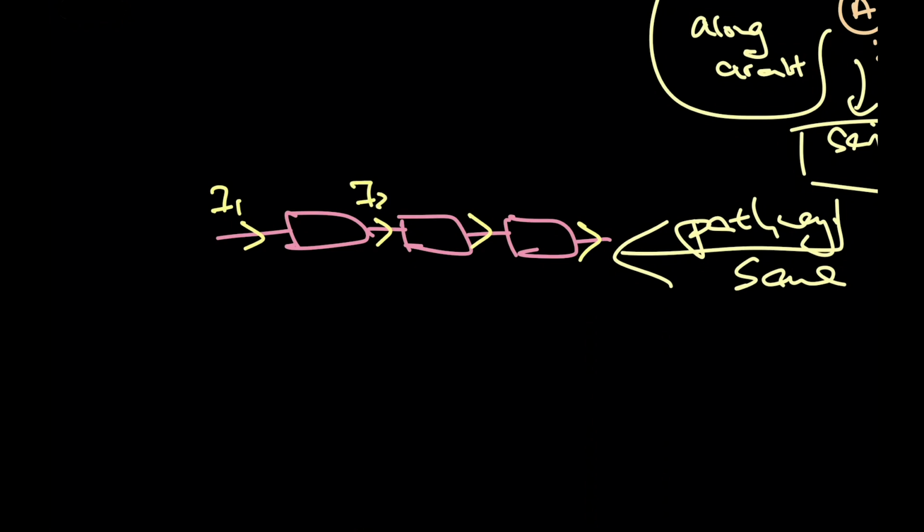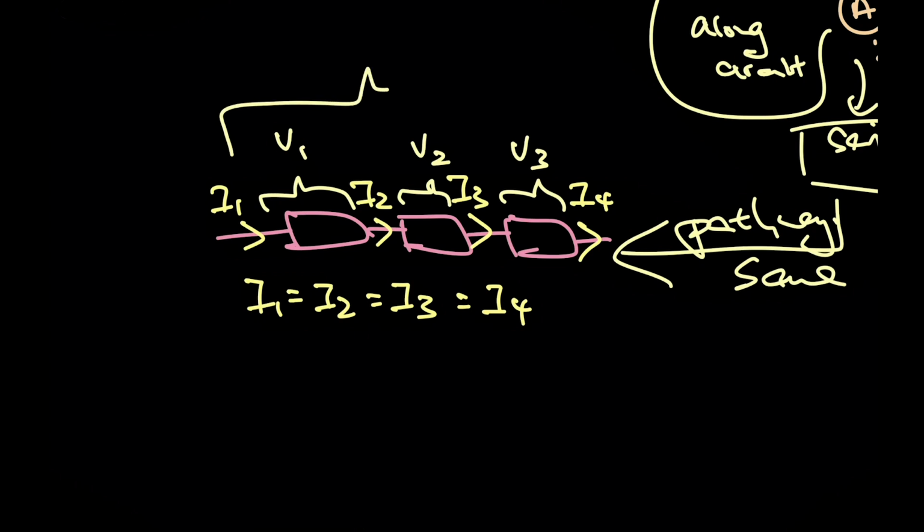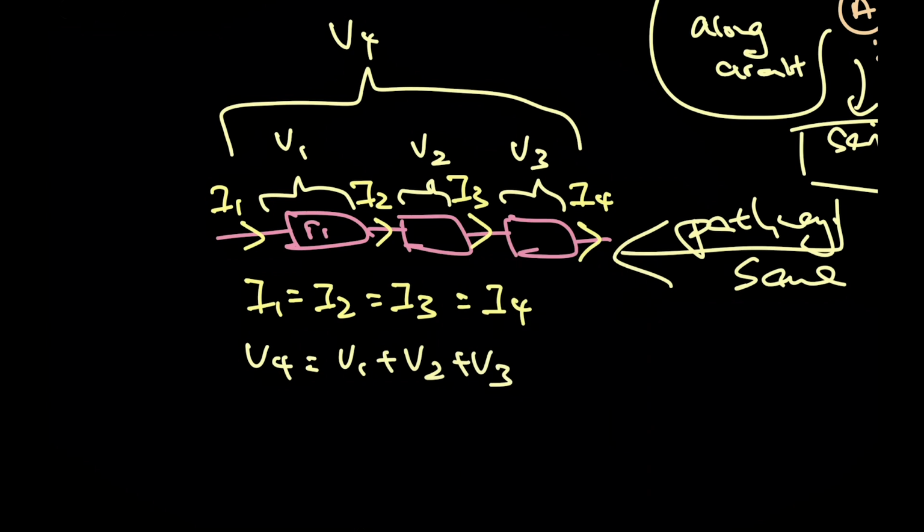I1, I2, I3, I4, they are all the same. However, potential difference behaves slightly differently. They are different, dependent on each of the resistances. If this is V1, V2, and this is V3, covering over everything is V4. V4 is equal to V1 plus V2 plus V3. For resistance, R1, R2, R3, total resistance is equal to R1 plus R2 plus R3, and so on and so forth.